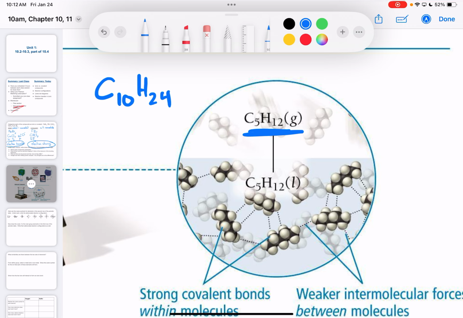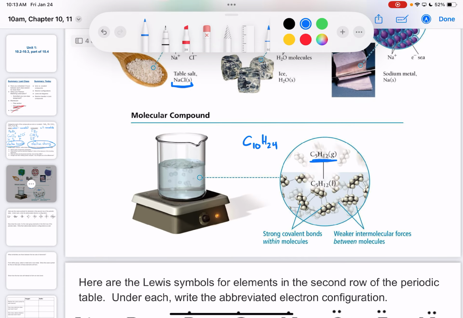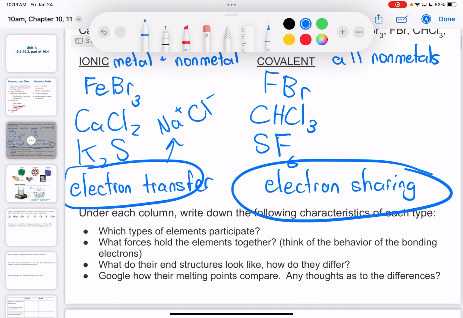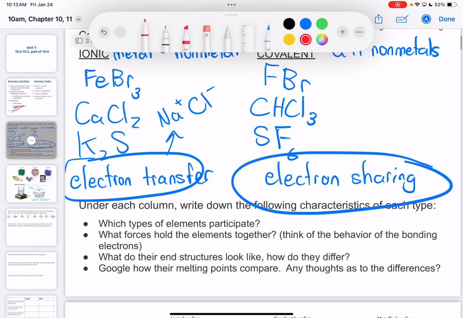The other thing that's an important differentiation between ionic and covalent is what bonds or forces are broken when we either melt or boil them. So at the bottom here, it says Google their melting points. I am your Google for this morning. If we were to Google their melting points, you would see that ionic compounds have high melting points.